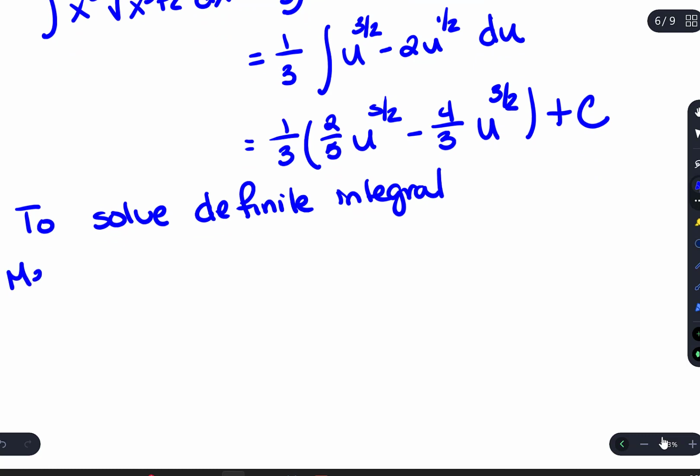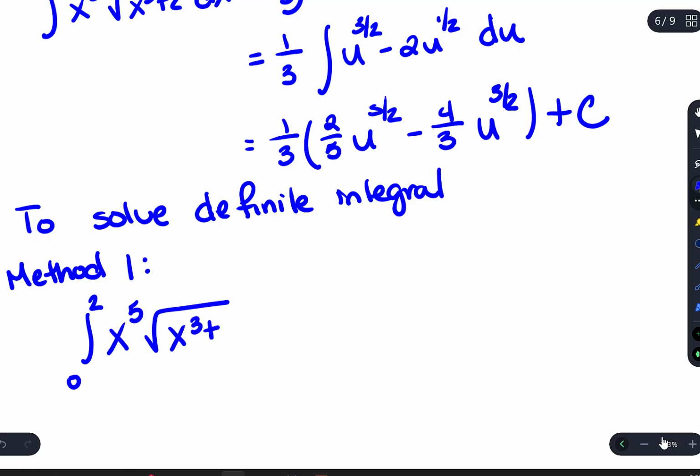The first method would do the following. We start out with our definite integral that we want to find: 0 to 2, x to the 5th times the square root of x cubed plus 2 dx.